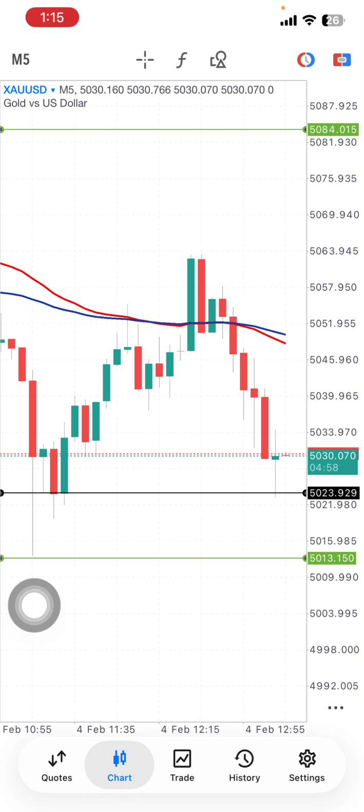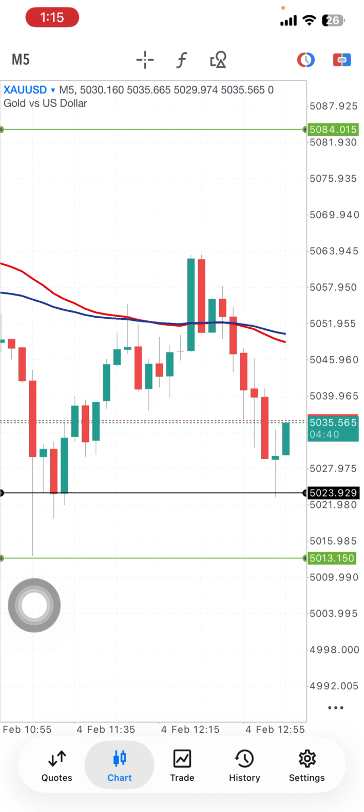You can see clearly that the 5 minutes has created what we call a doji candle, which is close to this particular resistance area. If you are a scalper, this can be an opportunity for you to immediately enter the market. You just buy immediately, and because you are a scalper, you are not going to hold it for long.